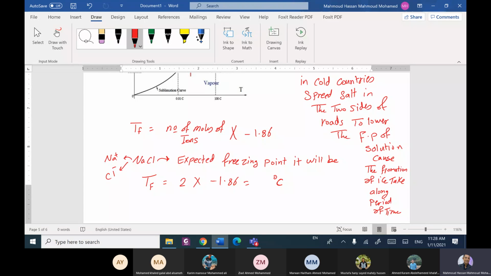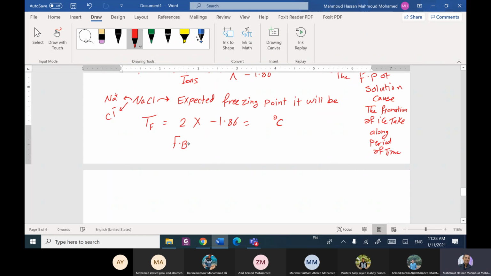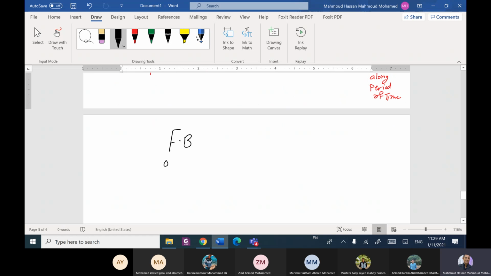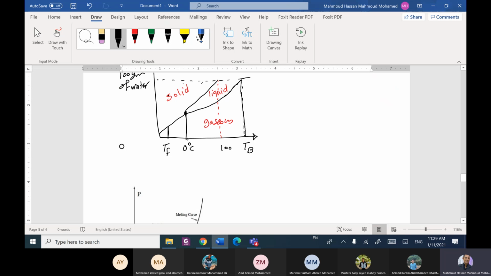When it is a salty solution, the freezing point undergoes depression. Why? If I compare the freezing point of the solvent, the freezing point of the solvent is higher than the freezing point of the solution. So whenever I have a solution, its freezing point is lowered more. If the water is expected to freeze at 0 degrees, the solution will freeze at a lower degree.